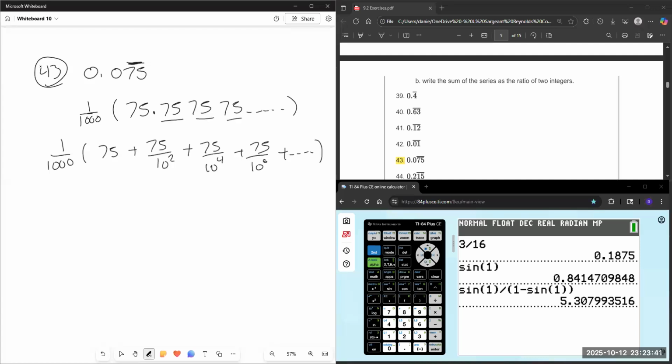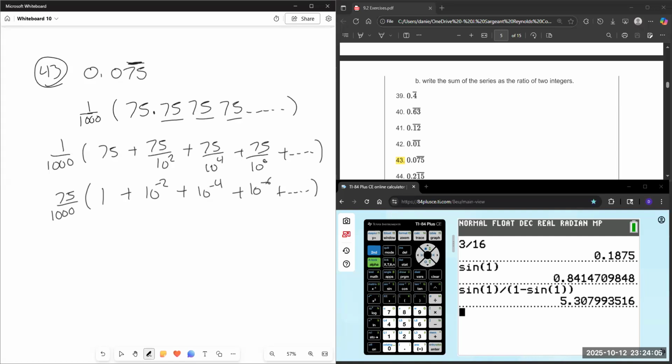So I'm going to pull the 75 out as part of the common factor over 1000. And this is going to be 1 plus 10 to the negative 2nd plus 10 to the negative 4th plus 10 to the negative 6th plus dot, dot, dot.